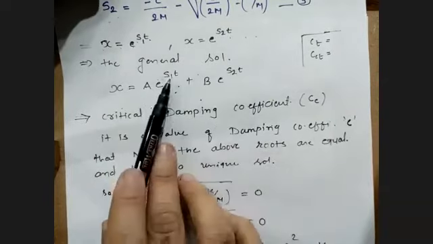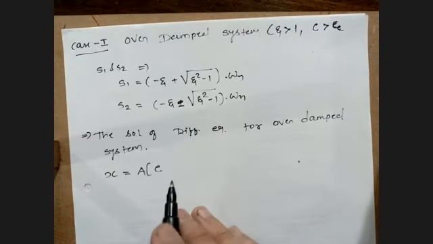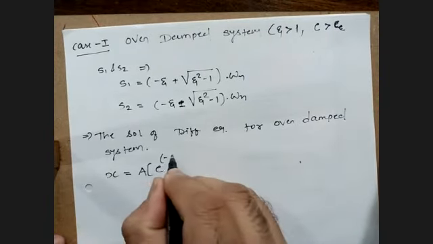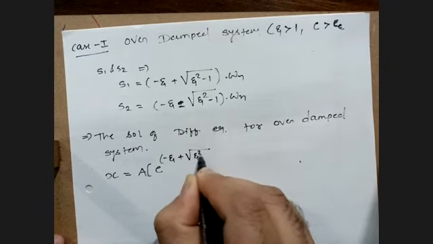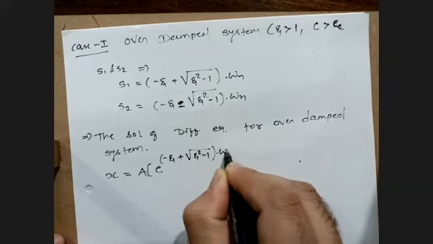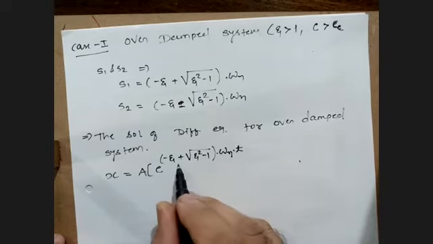So now we have s1 and s2, so we just put that s1 and s2 in this. Okay, so what we are getting: e raised to, this is my s1, minus zeta plus under root of zeta square minus 1 into omega n. This is the s1 into t, because it's s1t, right?